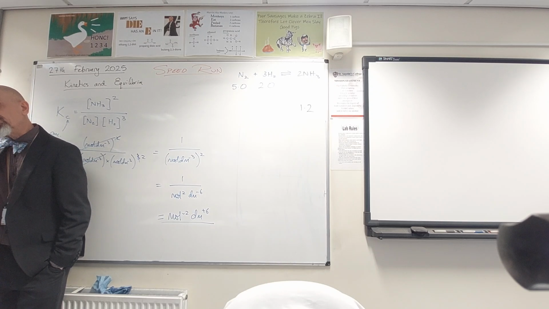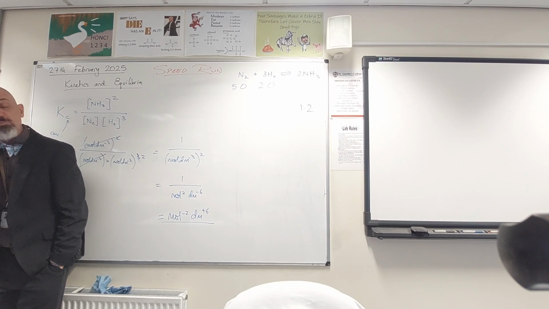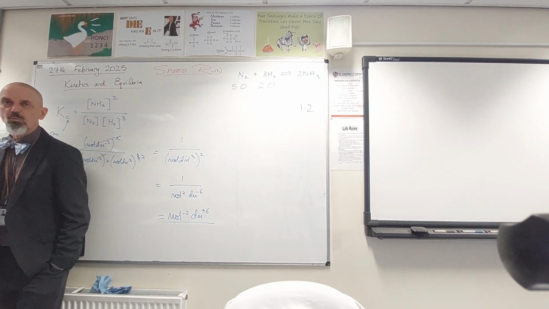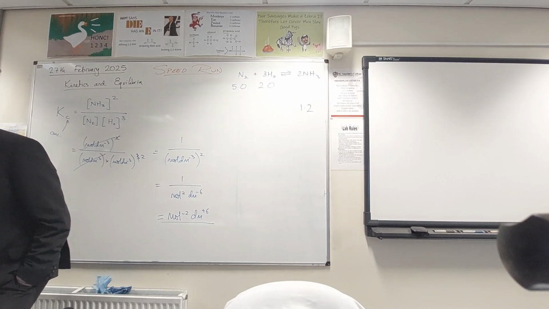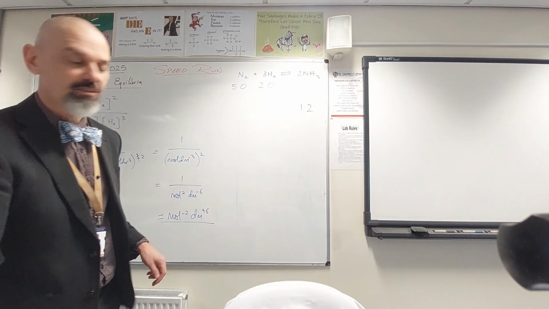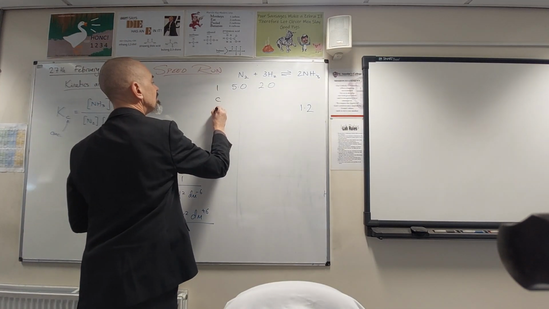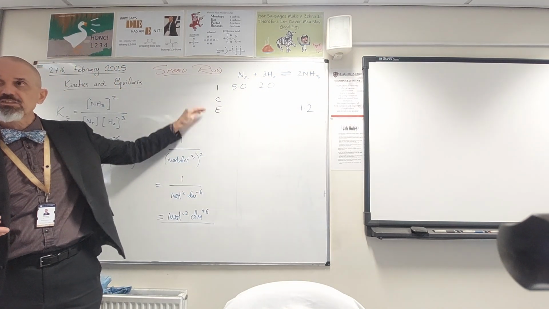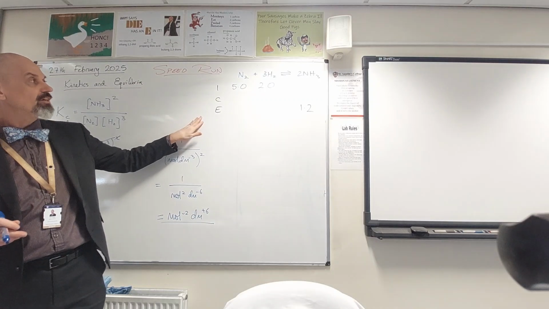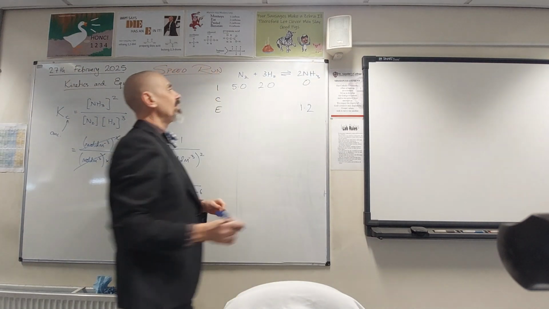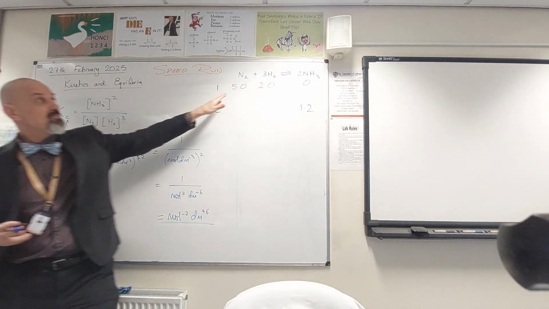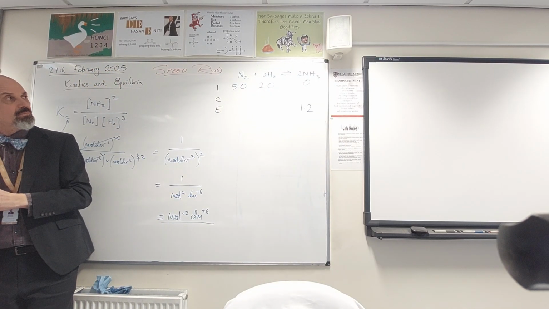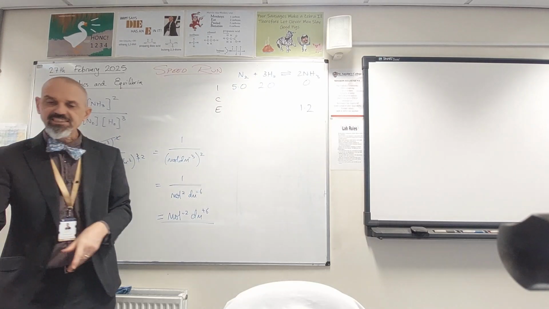How much nitrogen and hydrogen do we have left if I've made 1.2 moles of ammonia? And what's my tool here to work this out? ICE is the tool. ICE stands for initial, change, equilibrium. So initially I had no ammonia, 5 moles of nitrogen, 3 moles of hydrogen. So what can we add to that now?